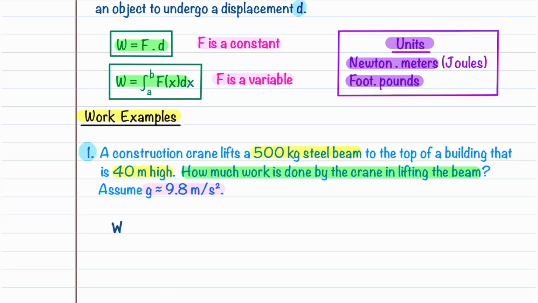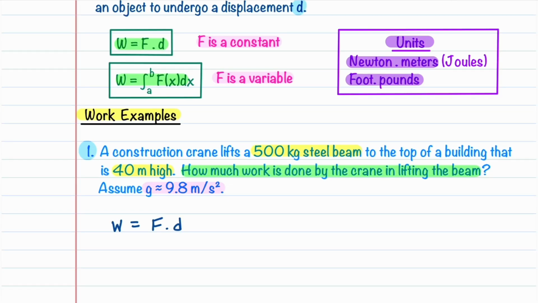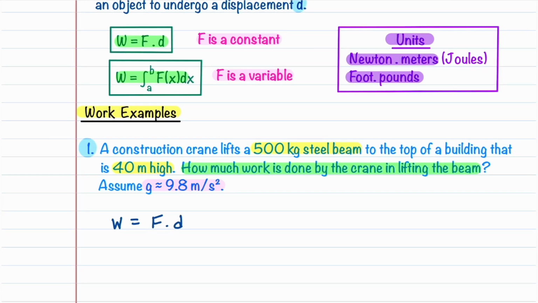The work done by the crane in lifting the beam is equal to the force of gravity on the beam, which we're going to call capital F, multiplied by the distance it's lifted, and we'll call that d. The force on the beam is equal to its mass, m, times gravity, g. Let's calculate what that is.